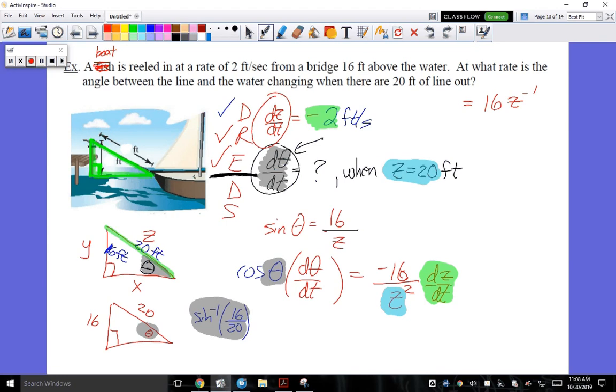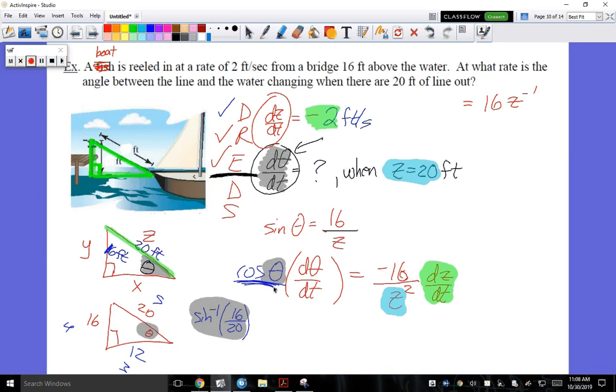20 and 16 is like a 3, 4, 5 right triangle. So it's 12, because all of these are by a factor of 4. So it would be a 3, 4, 5 right triangle. You see how we did that? This is the one that's easy, but you can make it hard.